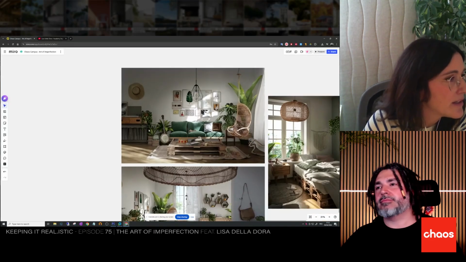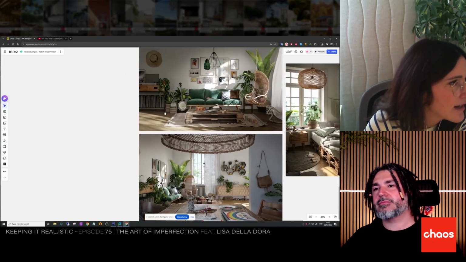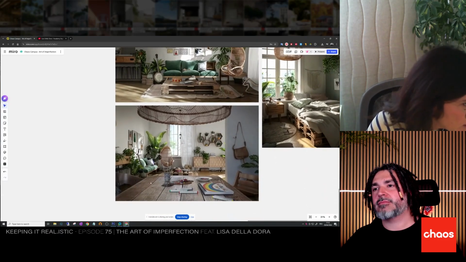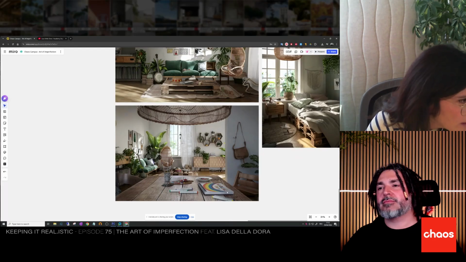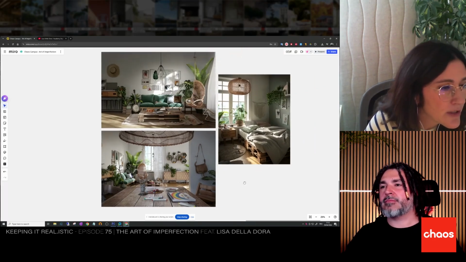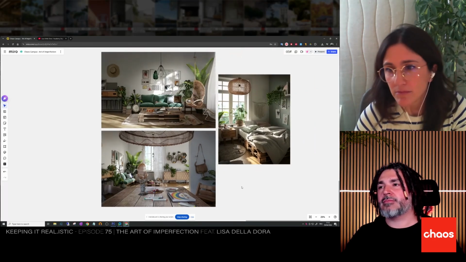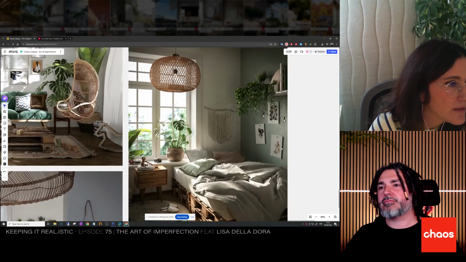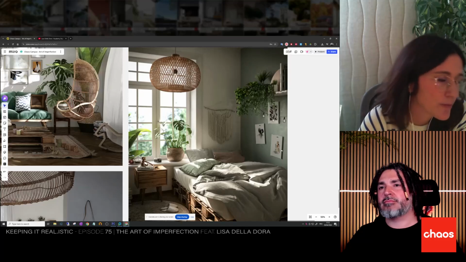And some things are assets, like this part was already together, but then I put the plant and all the other things. So for these 3 images, around 1 week, I think, if I put all the hours together, with the Photoshop and the rendering and the materials.